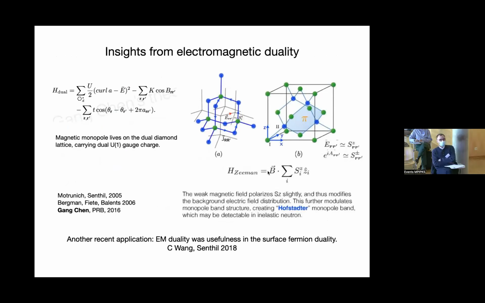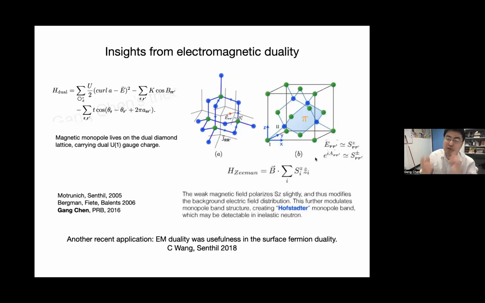So the electric field is the emergent electric field. It's because this U1 spinon is described by emergent electrodynamics, right? So the external magnetic field B induces finite Sz, and finite Sz gives a finite E field distribution.